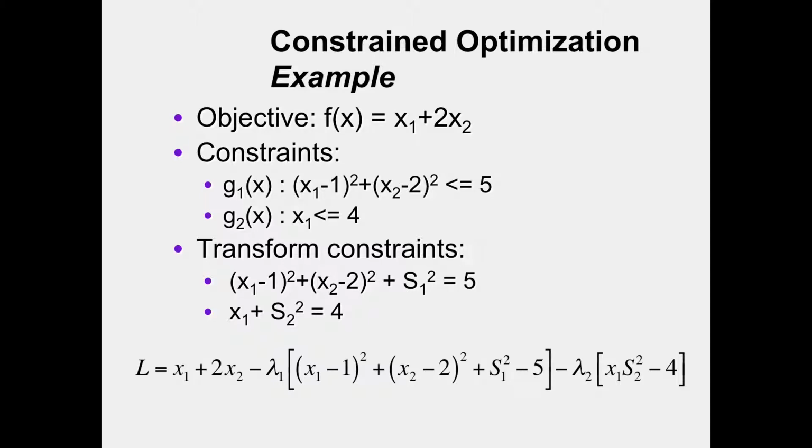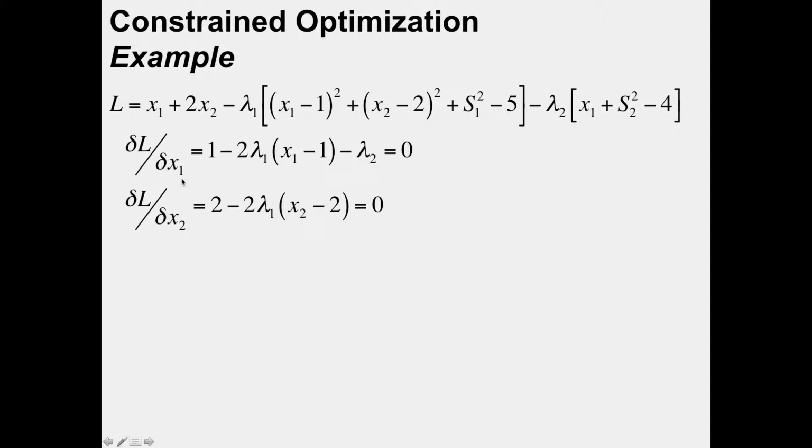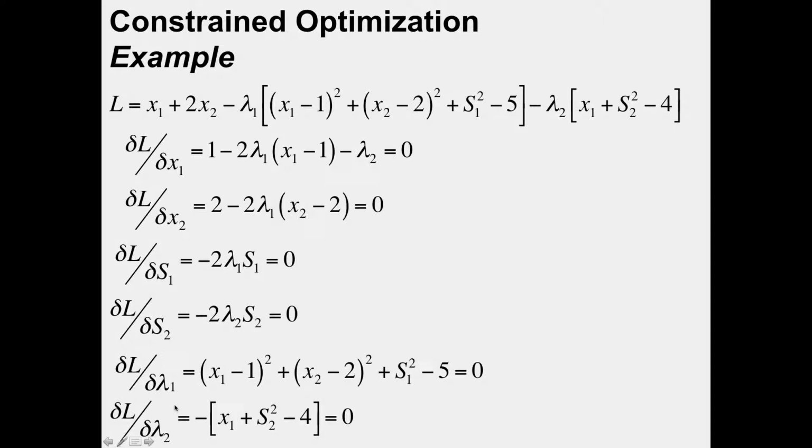The problem is they're not necessarily linear equations, so it makes it a little harder to find the answer. So you have to use some Sherlock Holmes thinking. So here's the first derivative with respect to x1, x2, s1, s2, lambda 1, lambda 2.